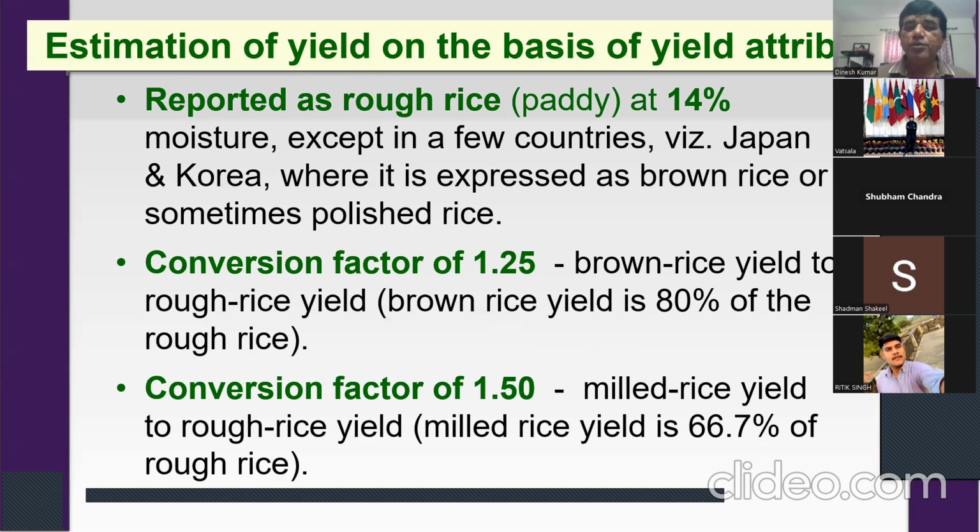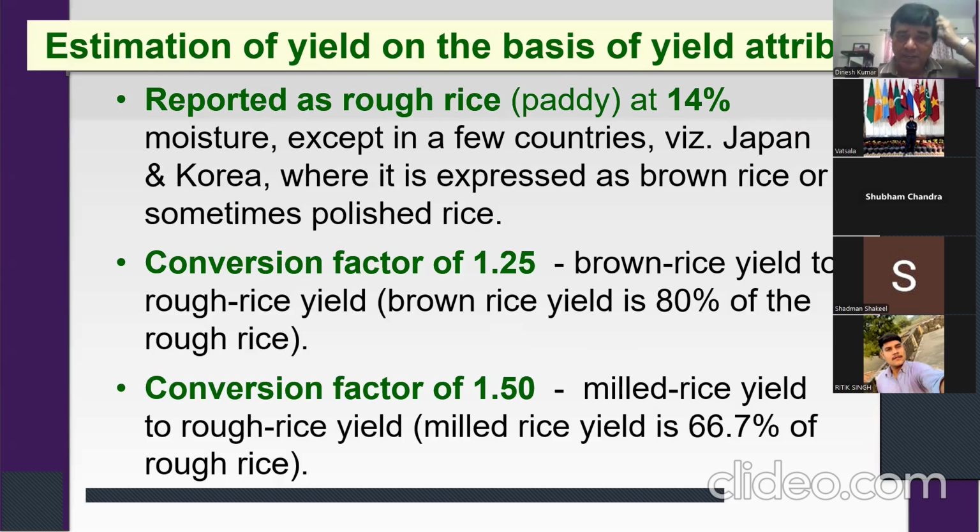So brown rice into 1.25 is equal to rough rice, because brown rice yield is 80% of the rough rice. Therefore the factor is 1.25. If you want brown rice from rough rice, you divide rough rice by 1.25.